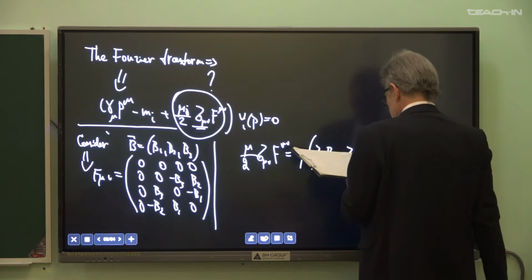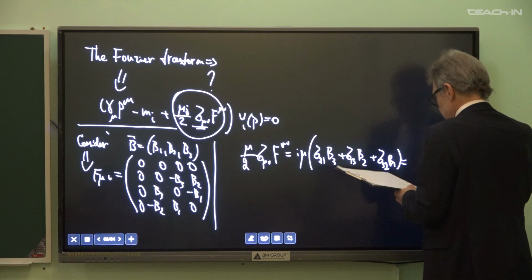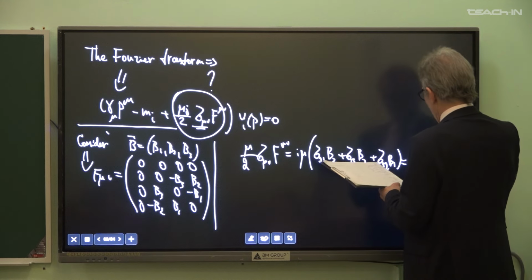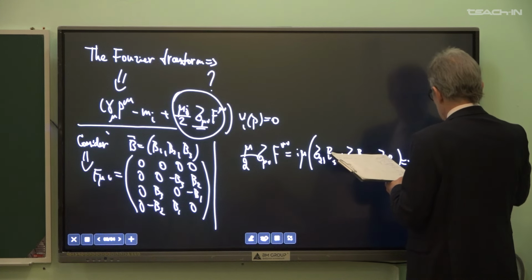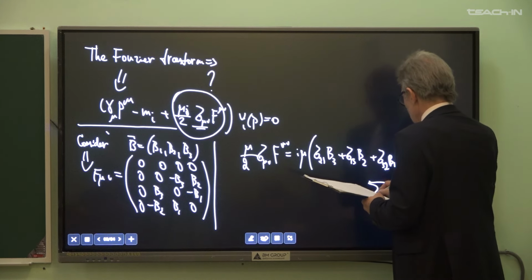And this can be written in the form minus mu sigma vector b vector.